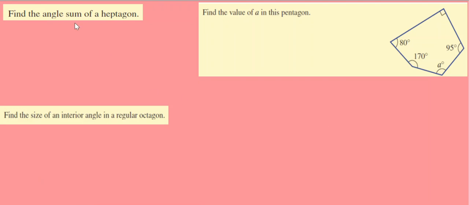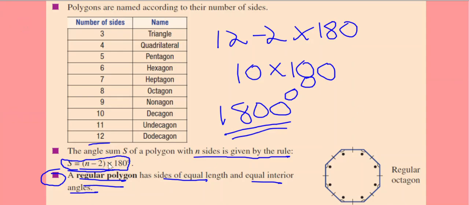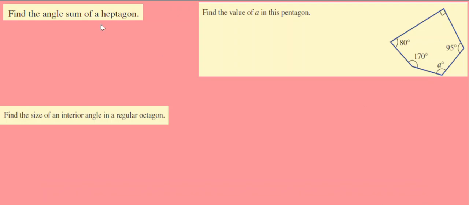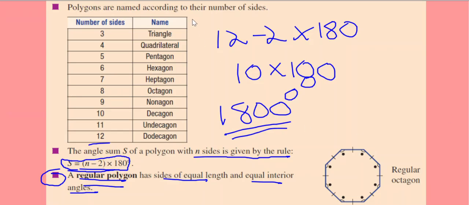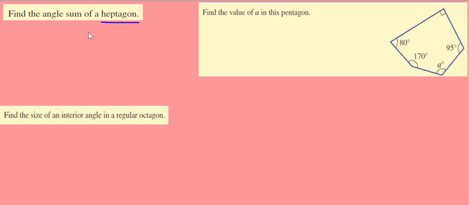I've got a blank slide. What I want you to do is pause this video now. I want you to use that formula that we got before, so the angle sum equals n minus 2 times 180, and find how many degrees there are in a heptagon. You might have to come back here and find out where a heptagon is to answer that question.